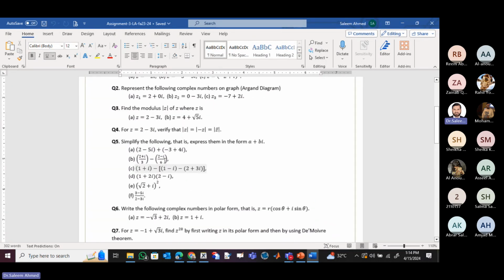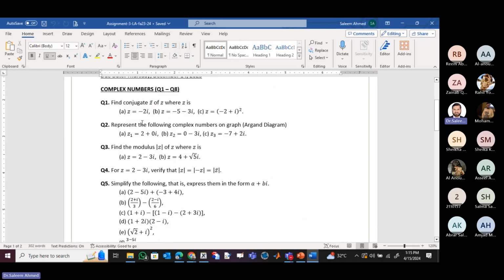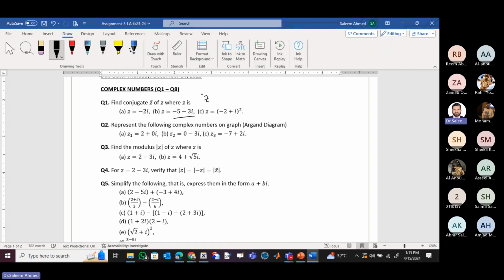Here you see, find the conjugate of z. You know what is the conjugate of z? If z is minus 5 plus 2 iota, z conjugate is minus 5 minus 2 iota. We just change the sign of iota. That's it. Okay.